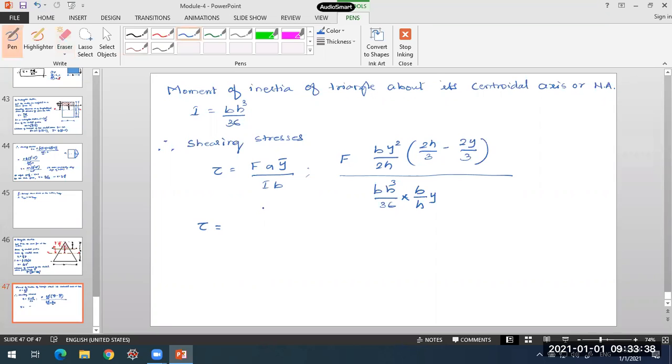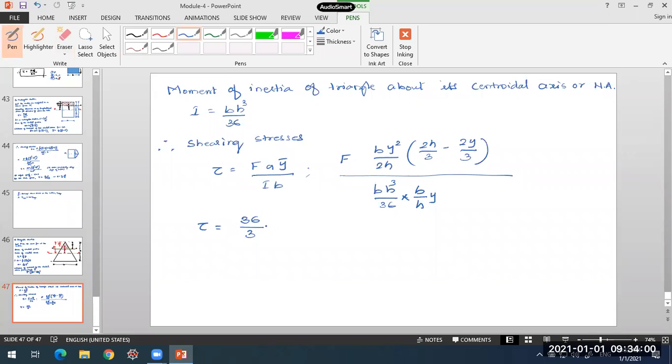Let me first simplify the top term. So h minus y will be remaining there. F b. So 36 by 3, 2 and 2 cancel, 1 by 3.